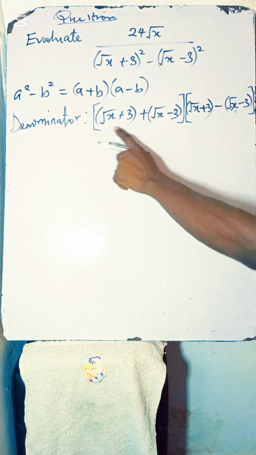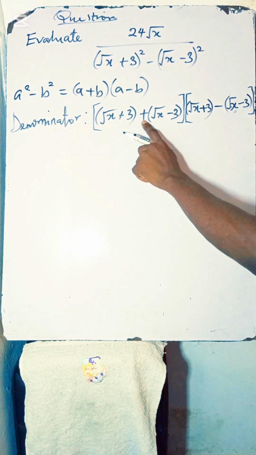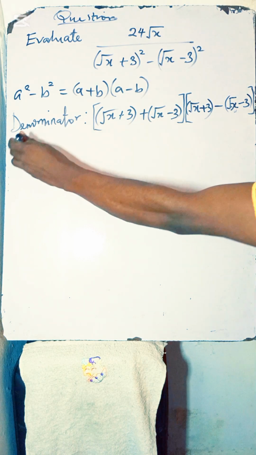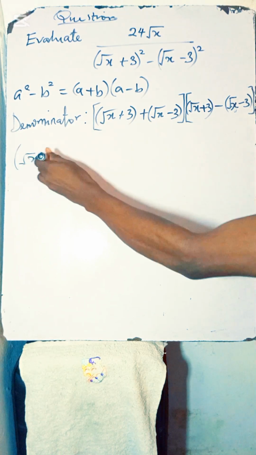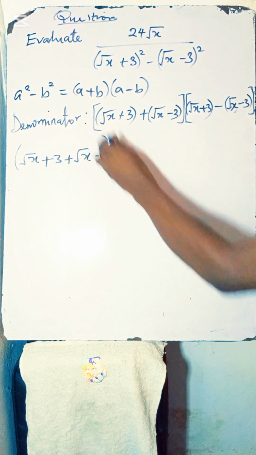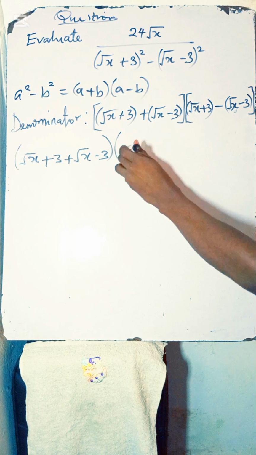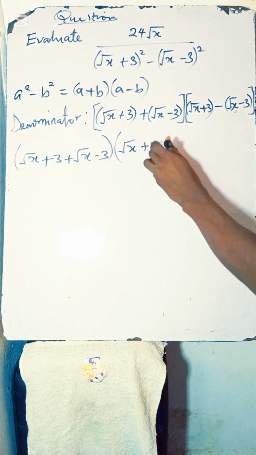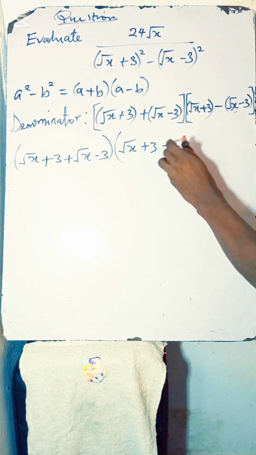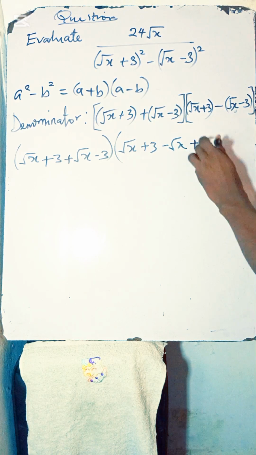So now let us expand it. If we expand it and use this addition to expand this one, it's still going to be the same thing. So that's what we're having for this one. And for the other side here, we'll have minus times root x, that will be minus root x, minus times minus, that will be plus 3.